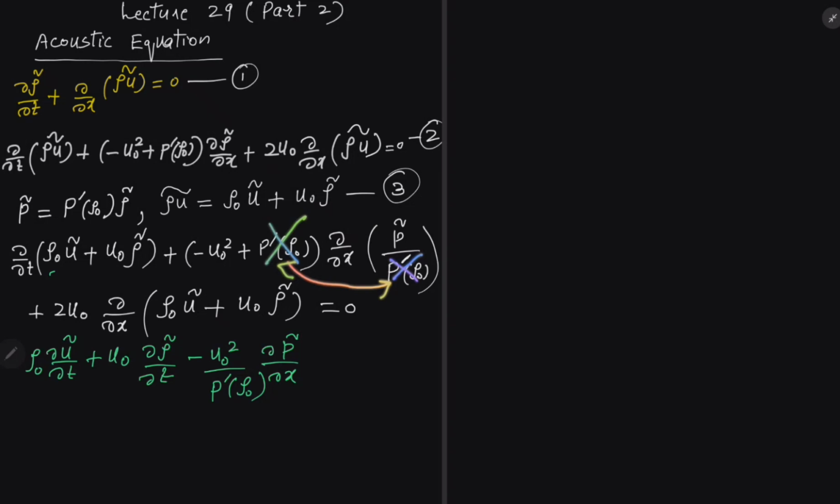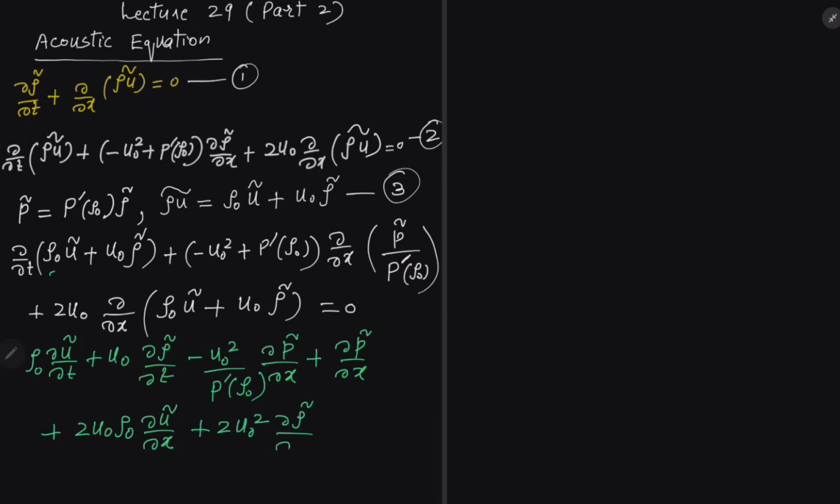These two terms will cancel out, and we get plus partial p tilde by partial x. And in the last term, we have plus 2 u naught rho naught partial u tilde by partial x plus 2 u naught square partial rho tilde by partial x is equal to 0.